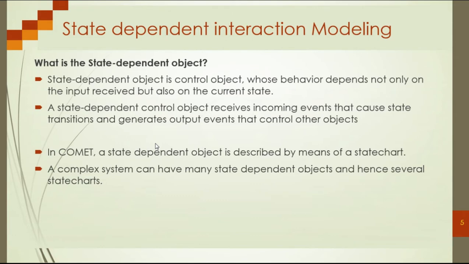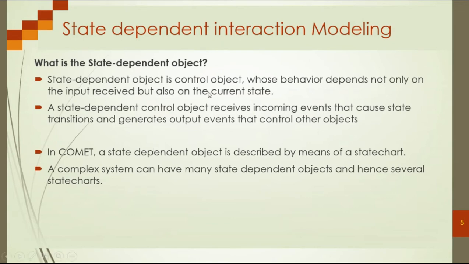Since the main difference between the state dependent and stateless dependent interaction model is the state dependent object, we should have at least one state dependent object in a state dependent model. So what is the state dependent object?